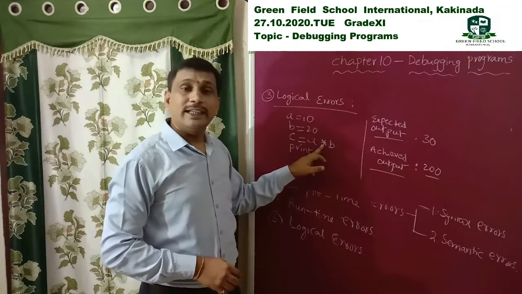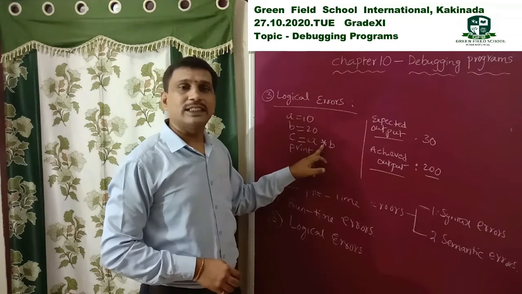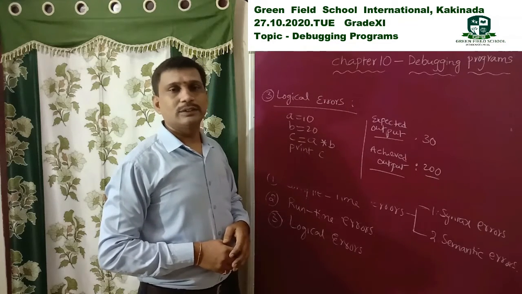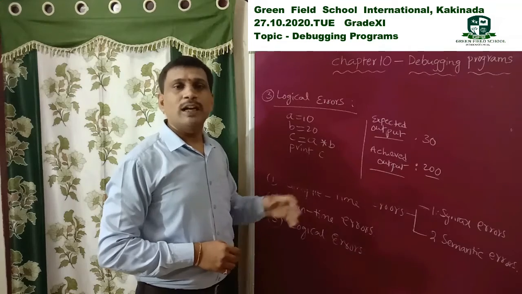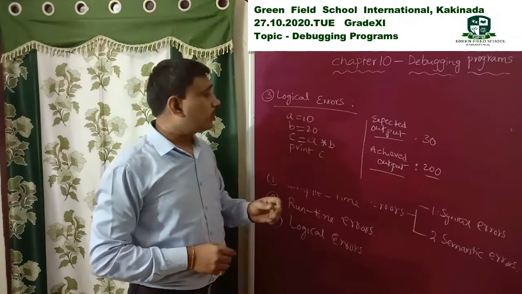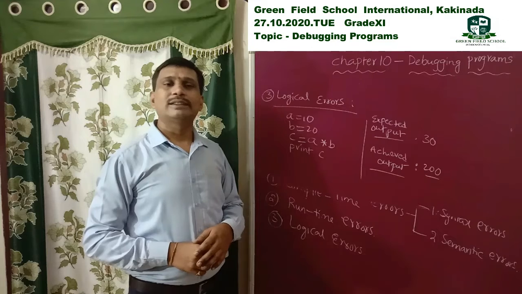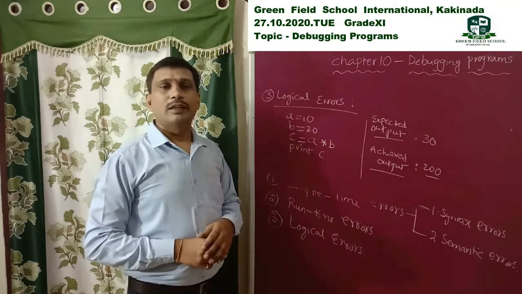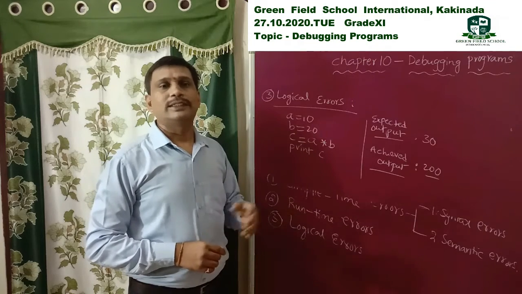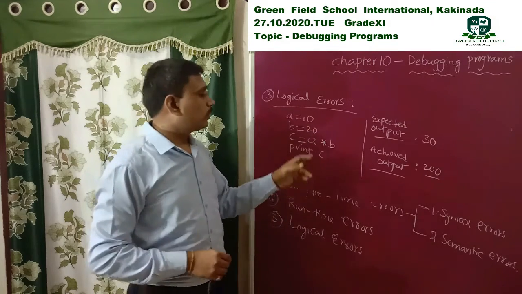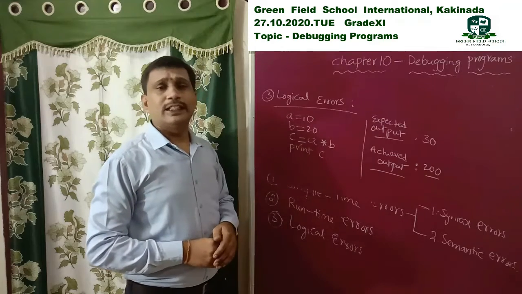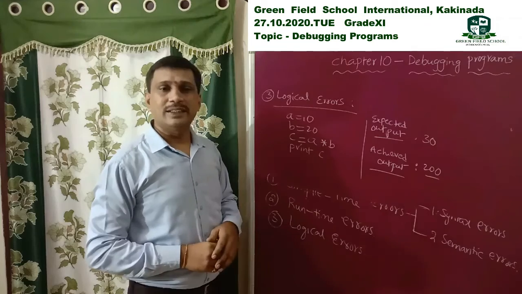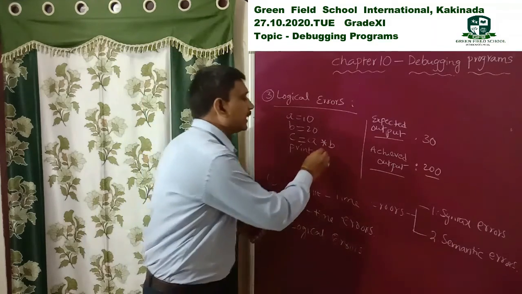But here I replaced plus with another arithmetic operator, star. This is a programmer's mistake. So these logical errors occur because of programmers' mistakes. When we observe every statement thoroughly, this type of error can be easily rectified and fixed.